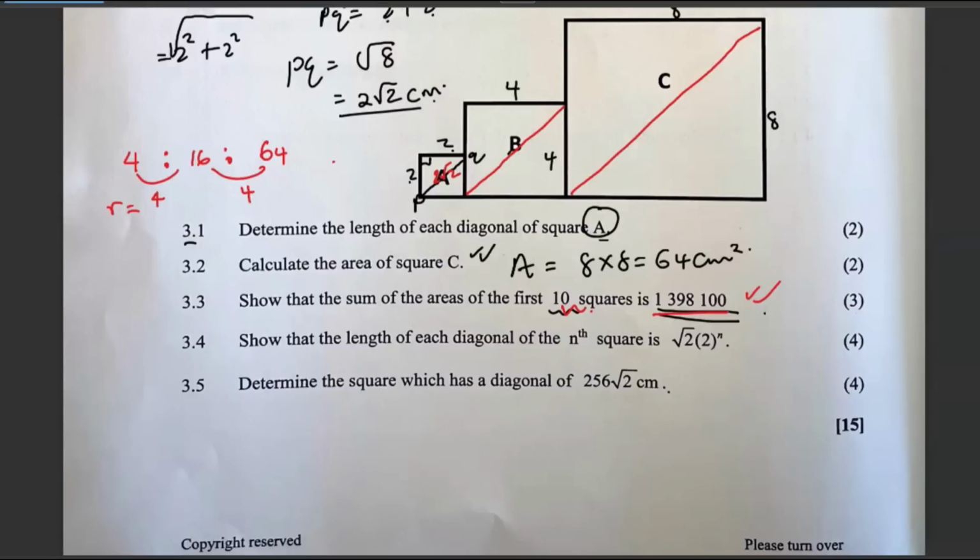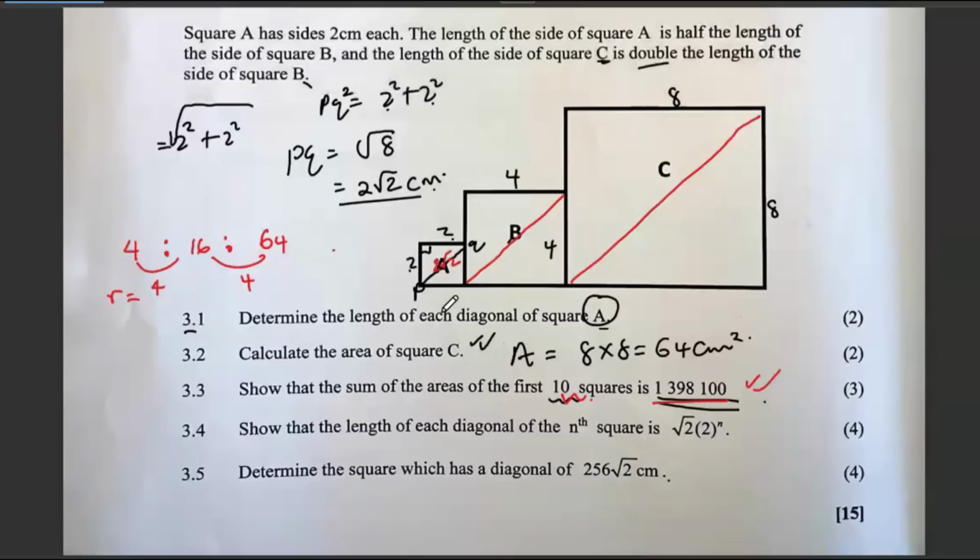So it's 4 squared plus another 4 squared, which gives us 4 root 2. Let's try with 8. So 8 squared and then another 8 squared gives us 8 root 2.